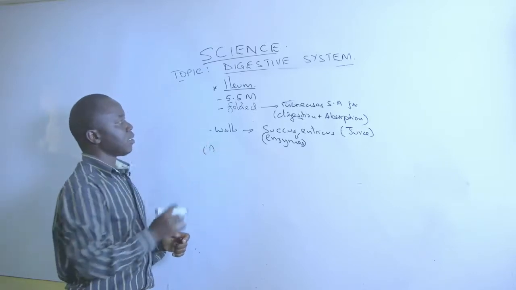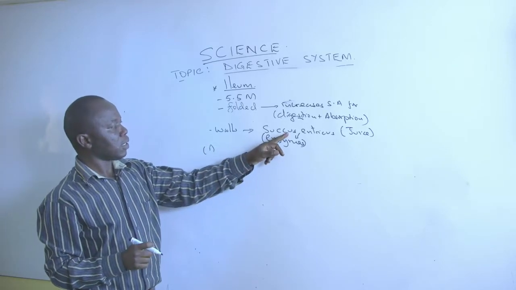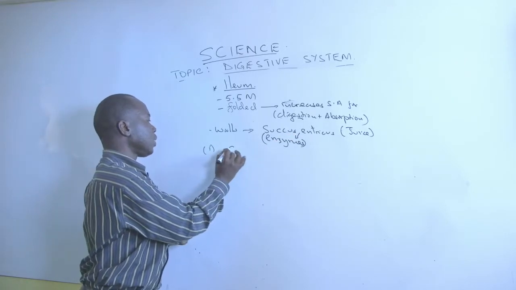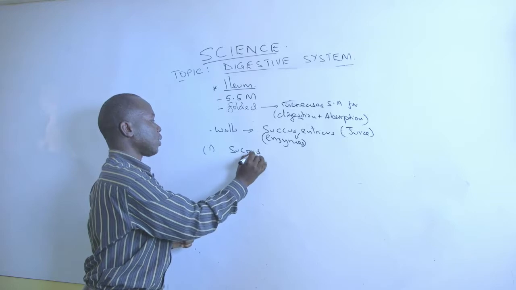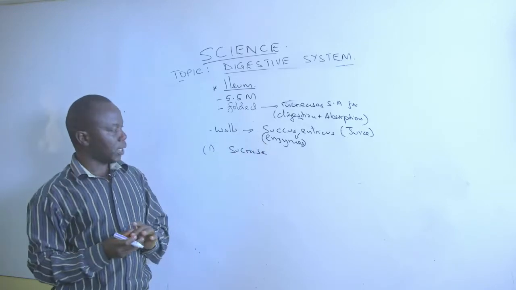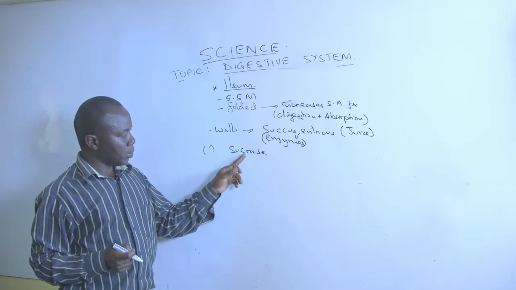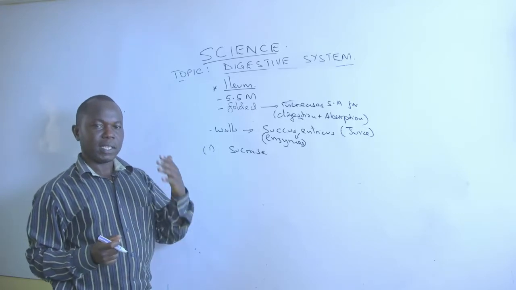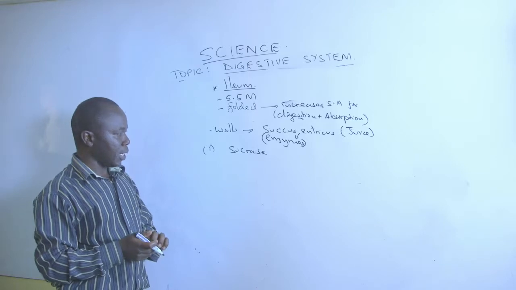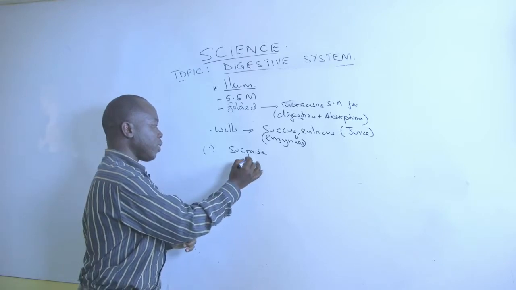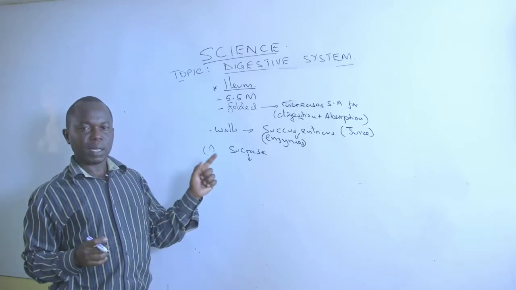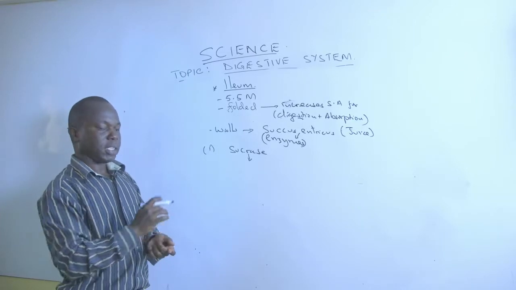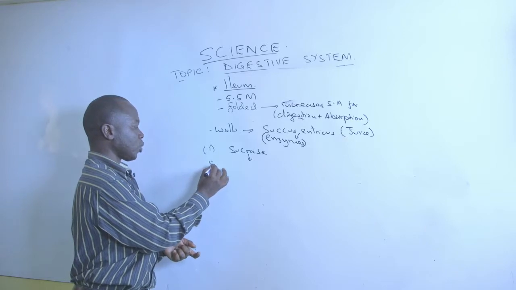Some of the enzymes contained in succus entericus include sucrase. We have said that enzymes sometimes are named according to the substrate they break down. So from the word sucrase, we can guess the substrate will be sucrose.